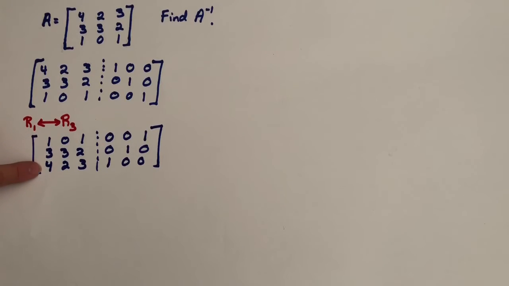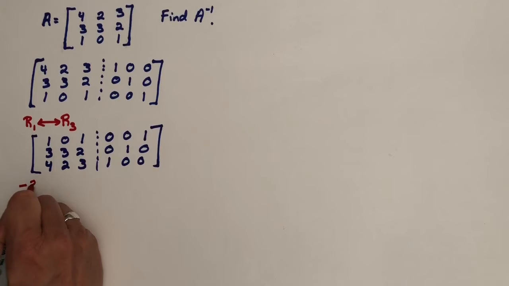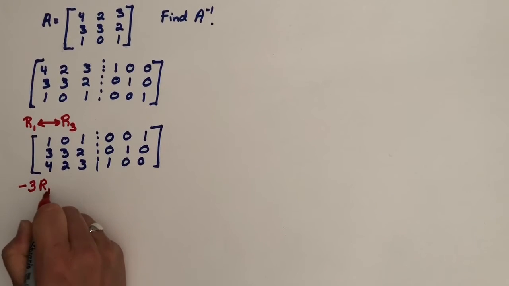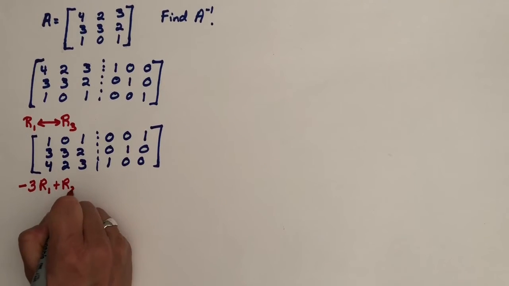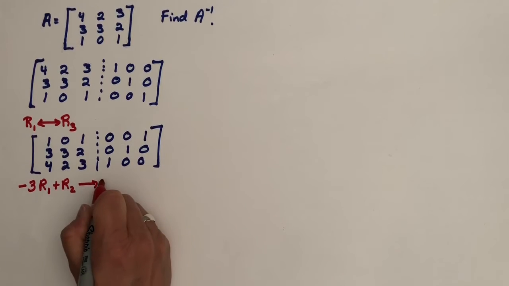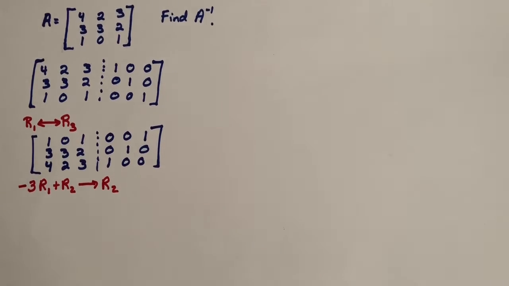Now we need zeros beneath. So I'm going to multiply row 1 by -3 and add it to row 2. Remember, I'm getting a 0 here. That's my goal. So -3 times row 1 plus row 2, and we're going to put the result in row 2. Let's do that.